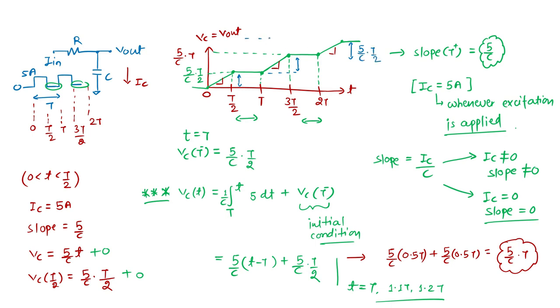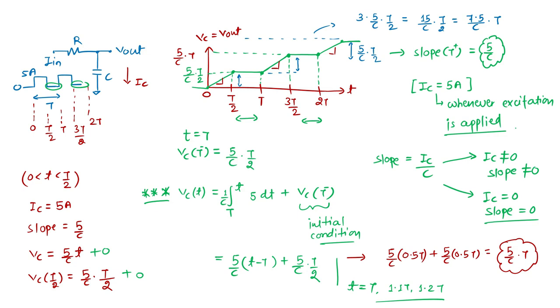So this node will reach 3 times 5 by c t by 2, which is 15 by c t by 2, or 7.5 by c into t. Okay, this is the thing that I want to tell you here.